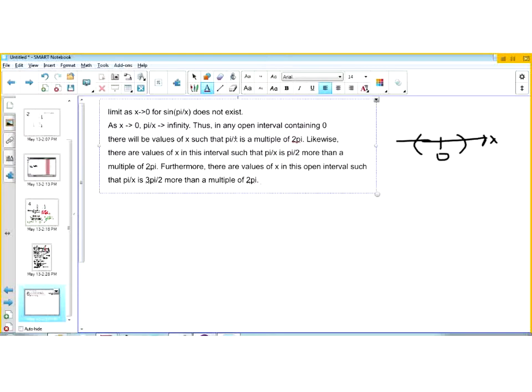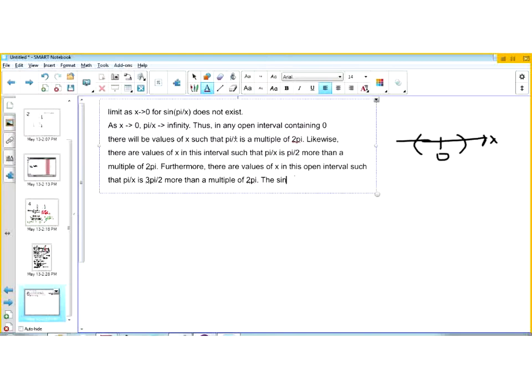All right, and convince yourself. So yeah, I could have 9 pi over 2, 13 pi over 2, or 21 pi over 2. So I can find values of x that generate those kinds of outputs for pi over x.